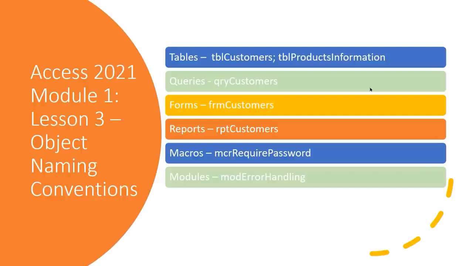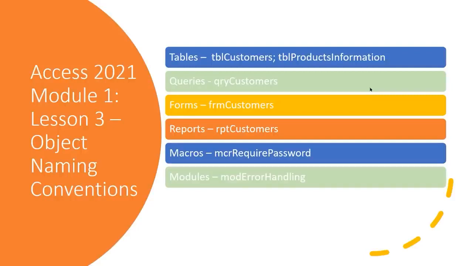So the three-character prefix for tables is tbl, and typically the table name is plural. So tblCustomers. If it's more than one word, an example would be tblProductsInformation. And notice the words are mushed together with initial capital letters, except for the lowercase prefix.